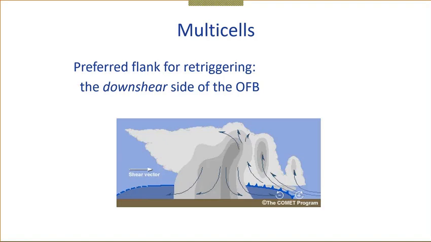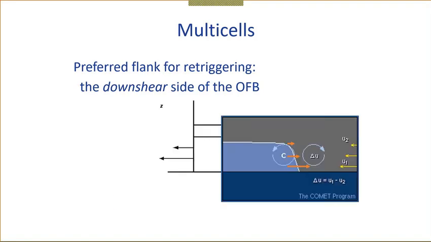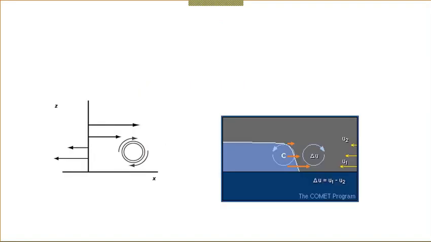OFB stands for outflow boundary, and not on the upshear side. And that has to do with the fact that you have to combine both the environmental vorticity that is developed in your environment in combination with vorticity in the cold pool.